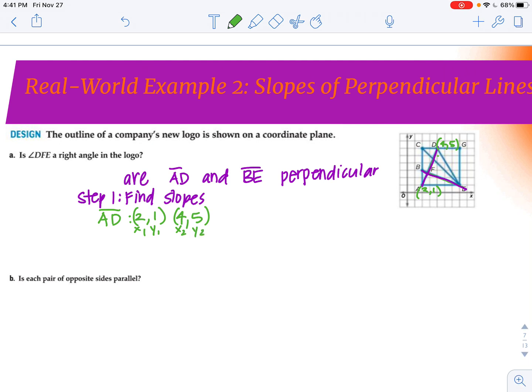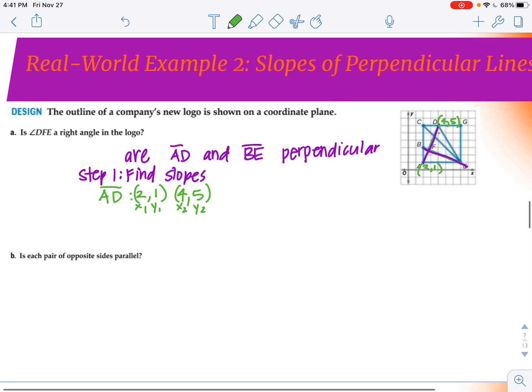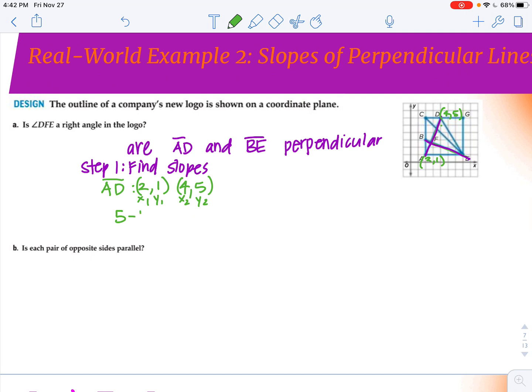X1, Y1, X2, Y2. So we have 5 minus 1 over 4 minus 2 for our slope, which is going to be 4 over 2, which will be 2.